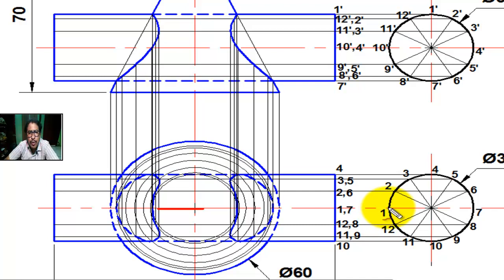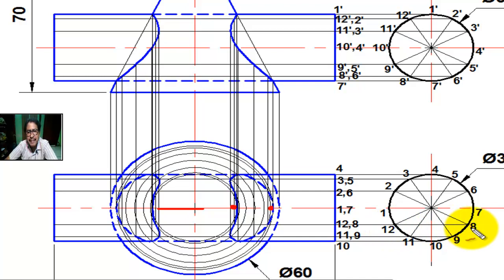Now from 1 we draw a horizontal line. It cuts the number 1 line. This is number 1 circle. It cuts 7 at this point.